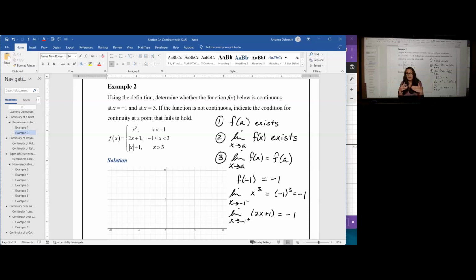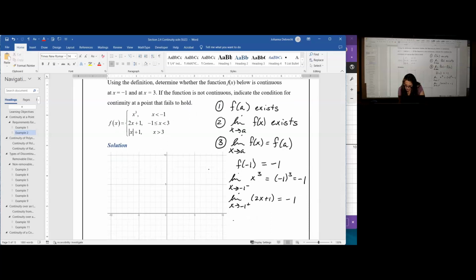Because the limit from the left and the right point to the same value, then I know that the two-sided limit exists and is equal to -1. This meets rule 1. This meets rule 2. Rule 3 is the easiest of them to apply if the first two have been met.